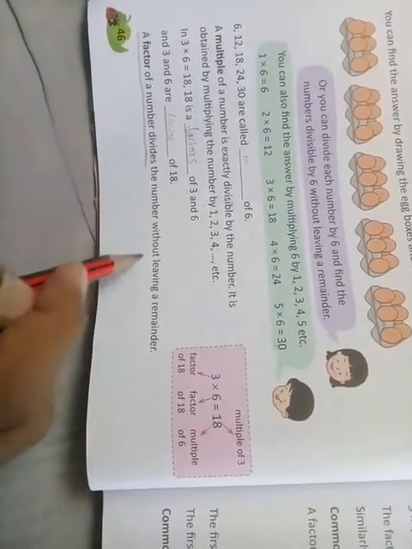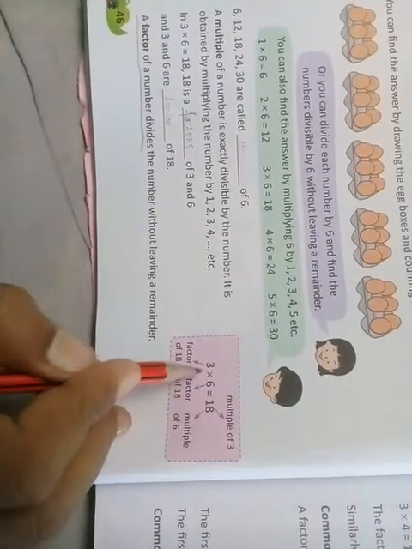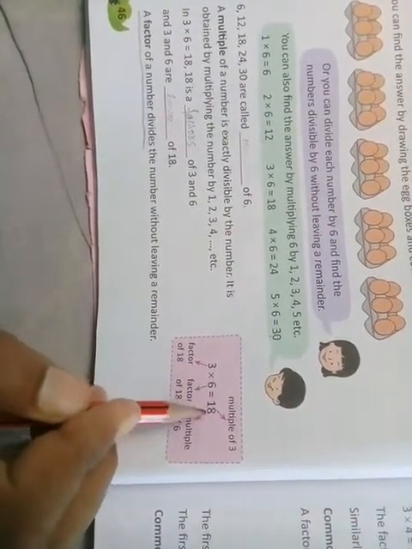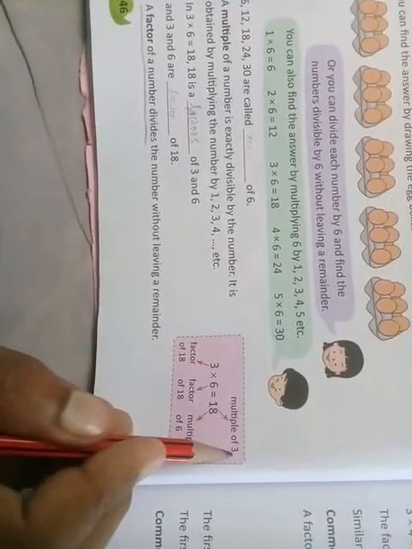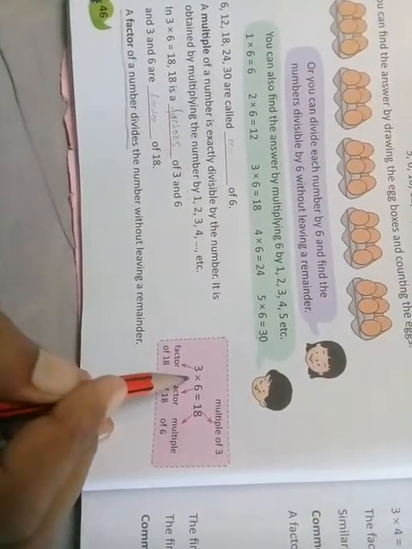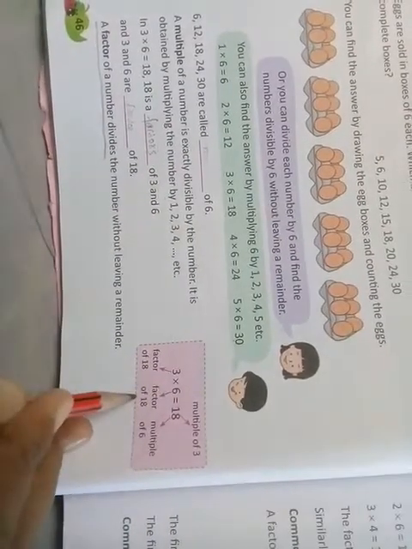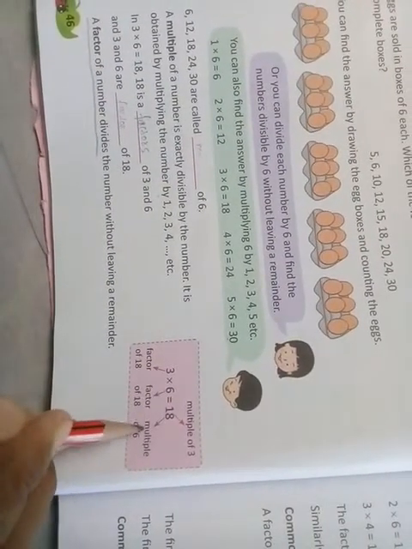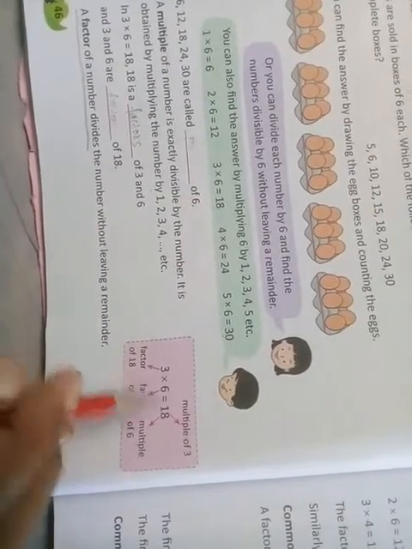A factor of a number divides the number without leaving a remainder. 3 times 6 is equal to 18. 3 is a factor of 18, 6 is a factor of 18. 18 is a multiple of 6 and a multiple of 3.